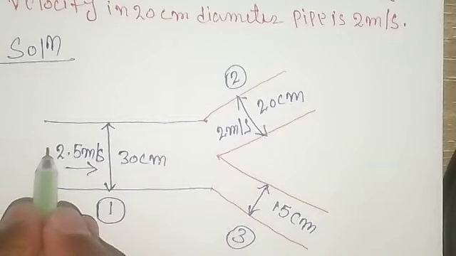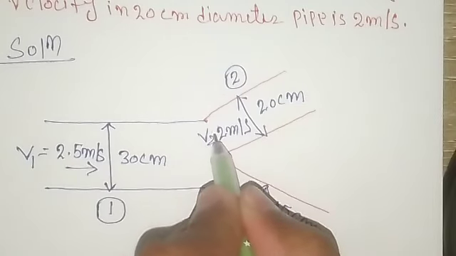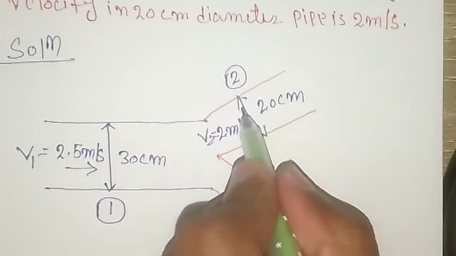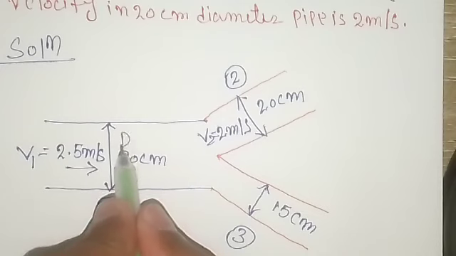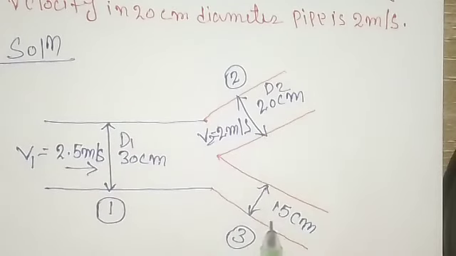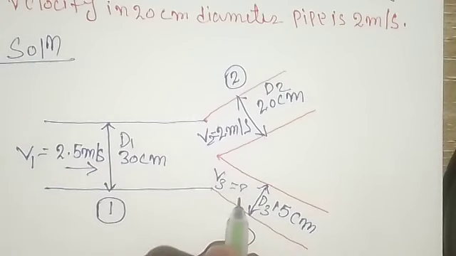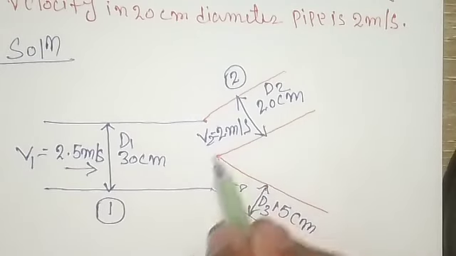So here this is V1, for this pipe this is V2, and this is D1, this is D2, that is diameter, and this is your D3. Here V3 we have to find, the velocity of the fluid. The flow is in this direction.